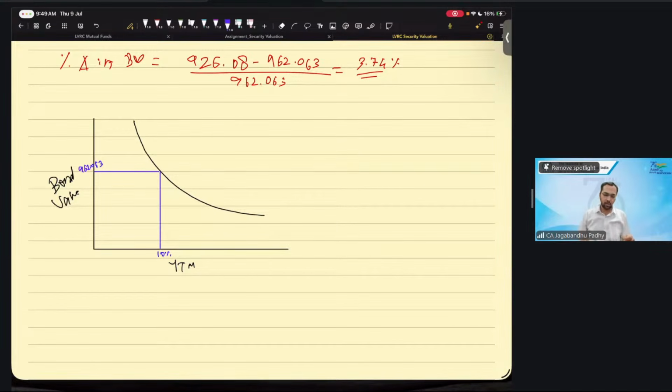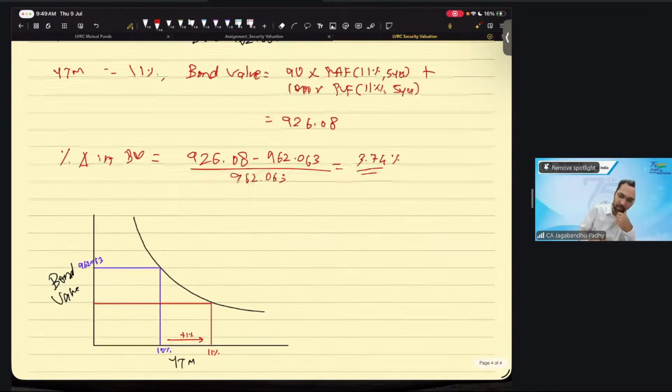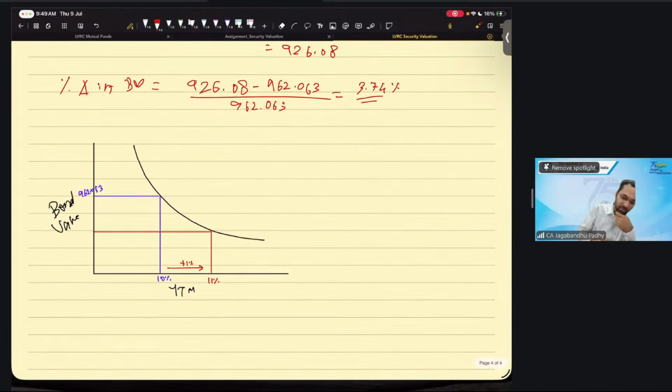Now, when you increase the YTM to 11%, so YTM has increased by 1%, the bond value falls, and the actual bond value that we observe is 926.08. So the bond value is reducing like this. This is the actual change.